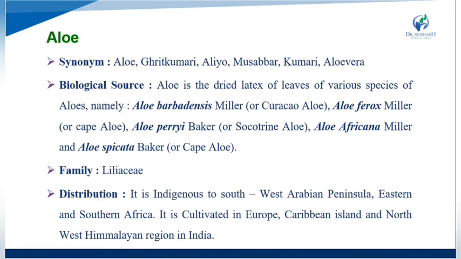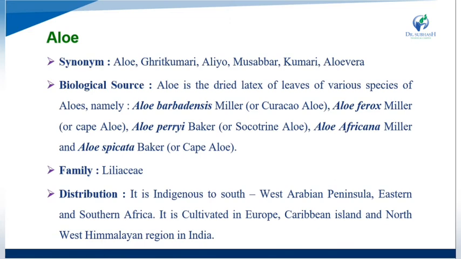There are various species: Aloe barbadensis Miller, also known as Curacao aloe, then Aloe ferox Miller, known as Cape aloe, then Aloe perryi Baker, named Socotrine aloe, then Aloe africana Miller, and Aloe spicata Baker, named Cape aloe. Okay, so this is the introduction to the biological naming of aloe.